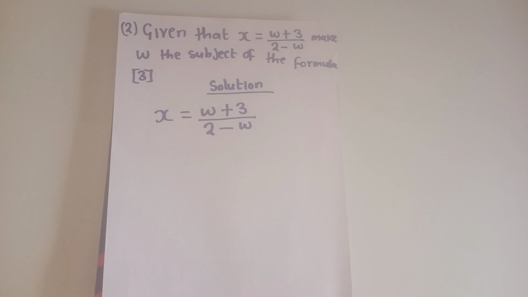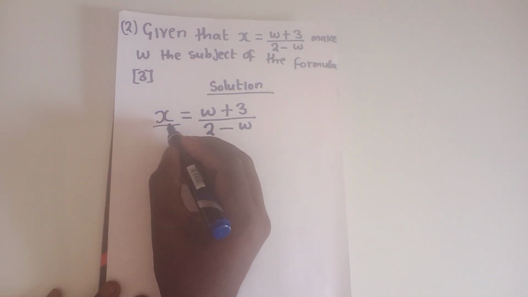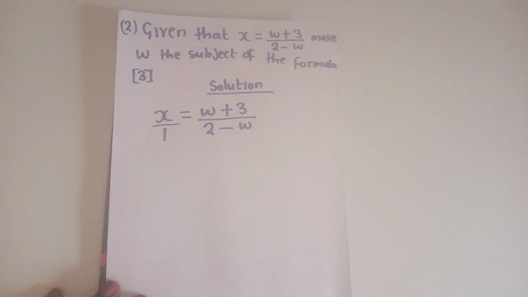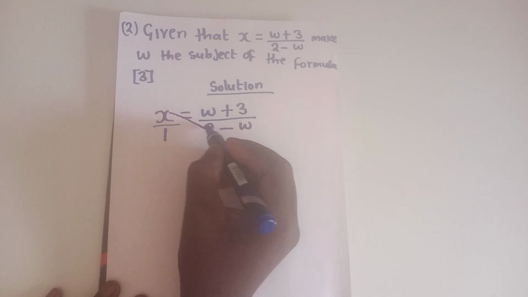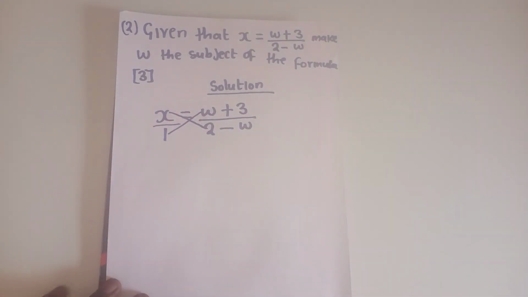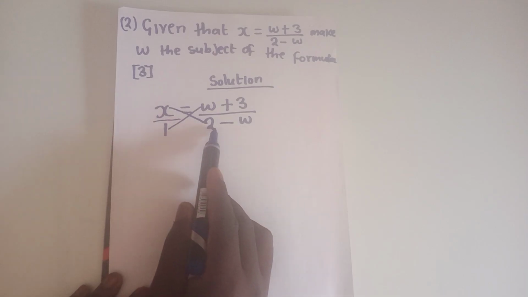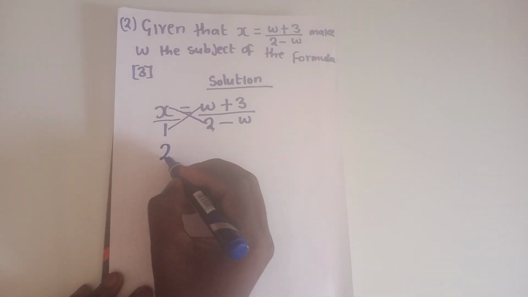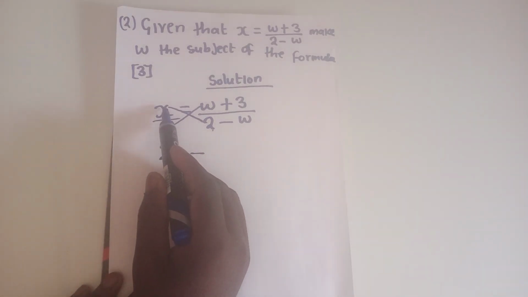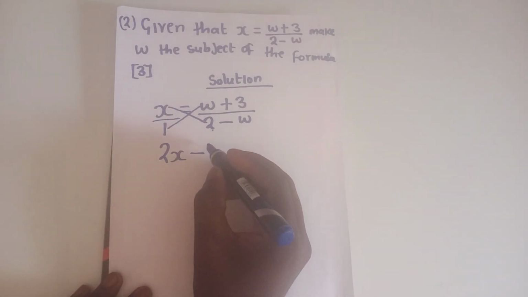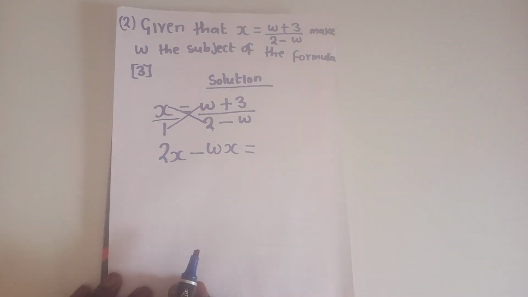Then first thing you do, here, you put 1. The first thing you do, you cross multiply. This will go with this, will go with that. So you say x times 2, it's 2x, minus x times w, it's wx, equals.